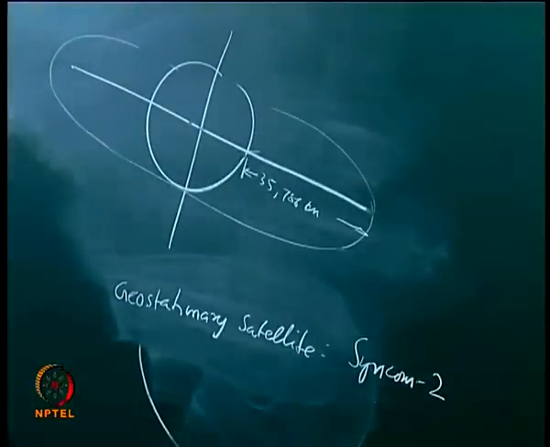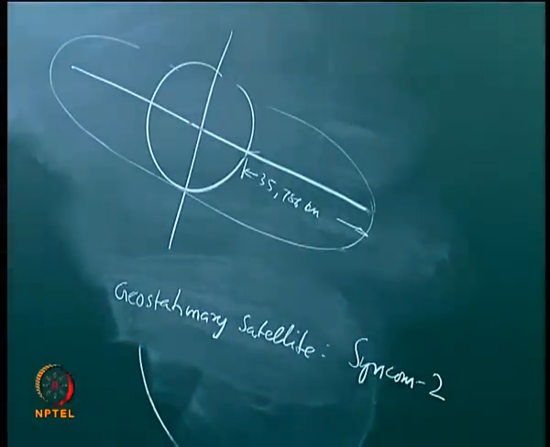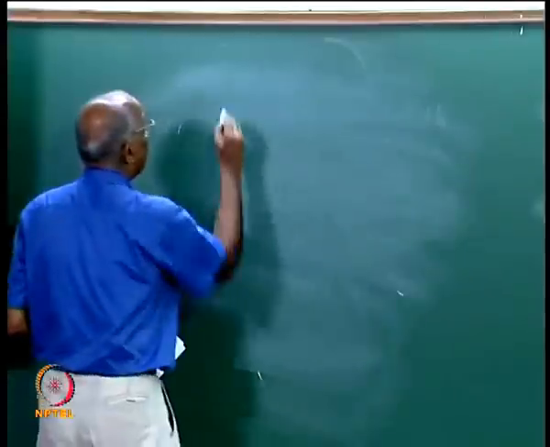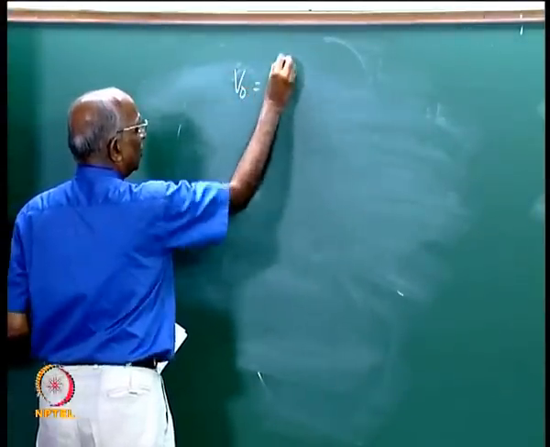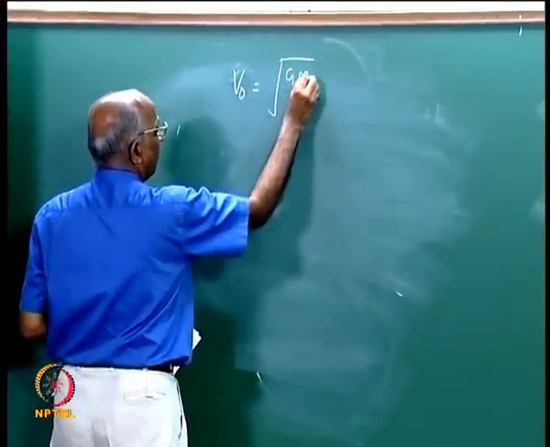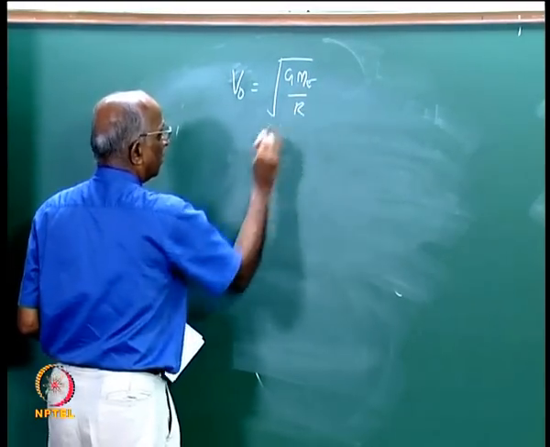Therefore, what we have done so far is we started with the velocity of orbit. Let us just again put down the equations clearly such that we are very clear. The velocity of the orbit V0 is equal to under root g me by r, correct.